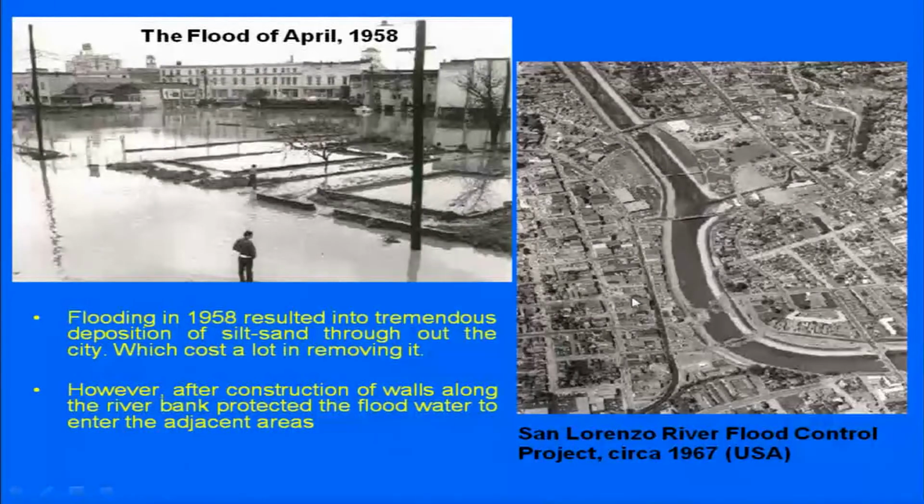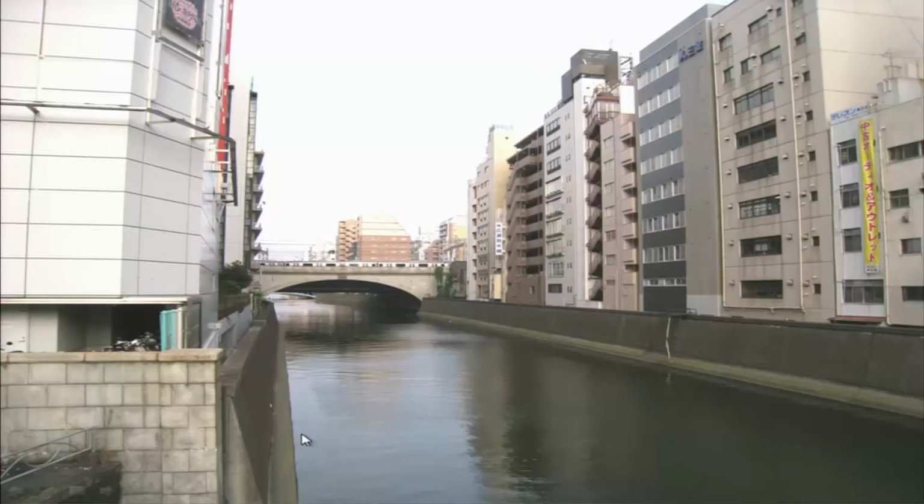So, this helped in protecting the surrounding areas. This is very important. After construction of walls along the river bank, the flood waters were prevented from entering the adjacent areas.